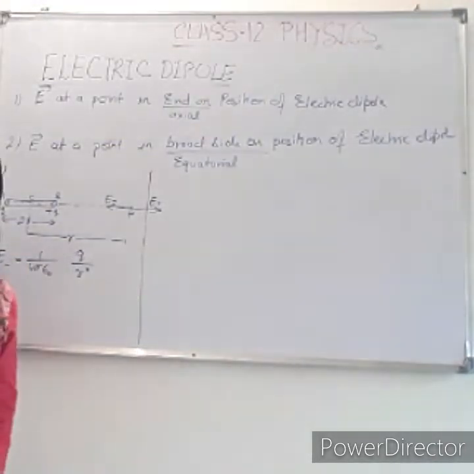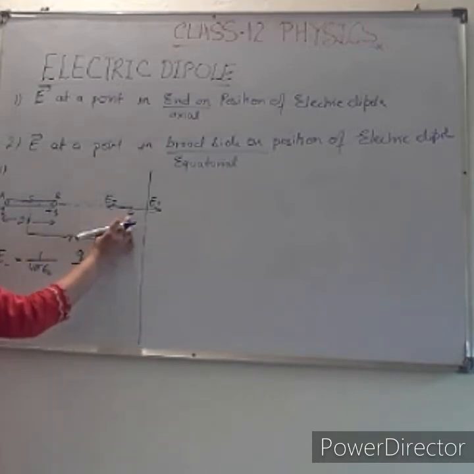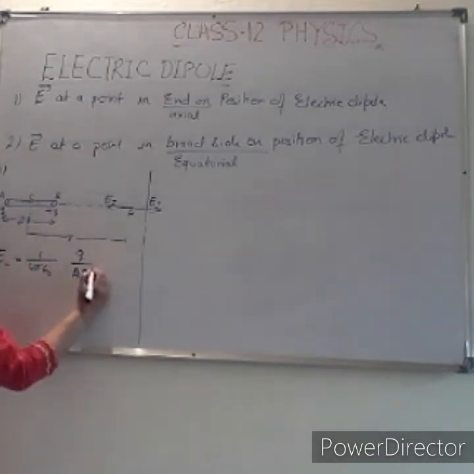We will not use the sign of charge. So you will not put minus sign here for solving the electric field at point P due to minus Q charge. So here we will place only Q. Afterward, in place of this R, the distance of point P from the A point. That means in place of this R, we will place AP square. This is the formula for electric field due to point charge.